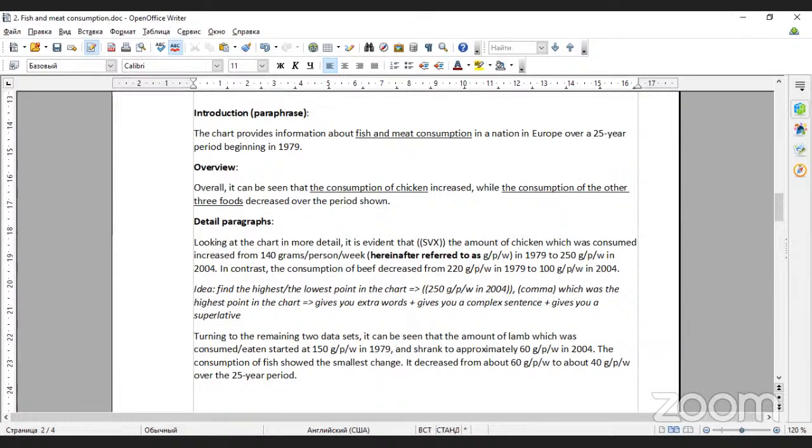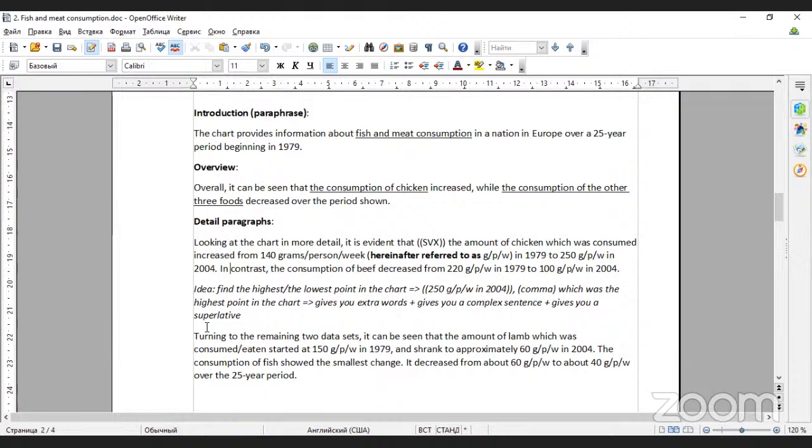Then here's, remember, it says, and make comparisons where relevant. If you want to know how to make comparisons in academic writing task 1, please watch the second half of the live stream about static data. It was, I think, 2 weeks ago on this YouTube channel when we described water consumption. But one way to make a comparison is, for example, find the highest or the lowest point in the chart.